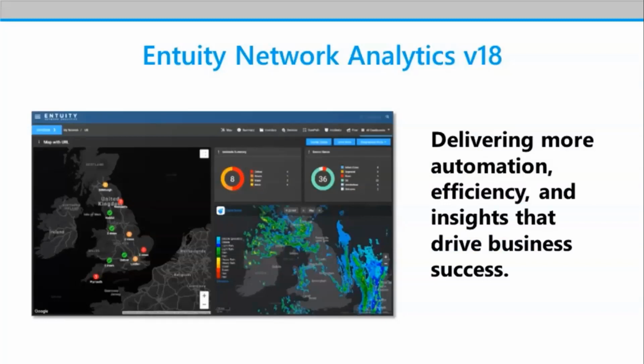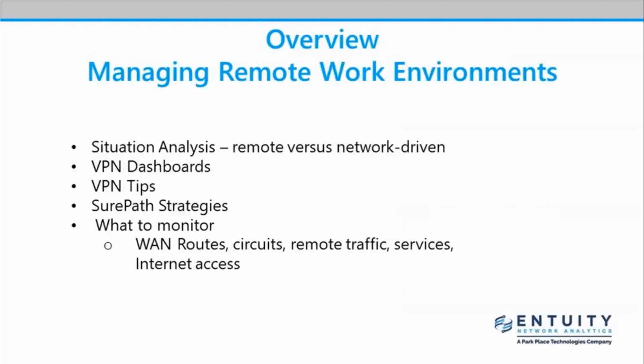So let's get started. Here's the agenda for what we're going to be talking about. I'm going to show you some thoughts on how to do some particularly relevant VPN service monitoring right at the moment.